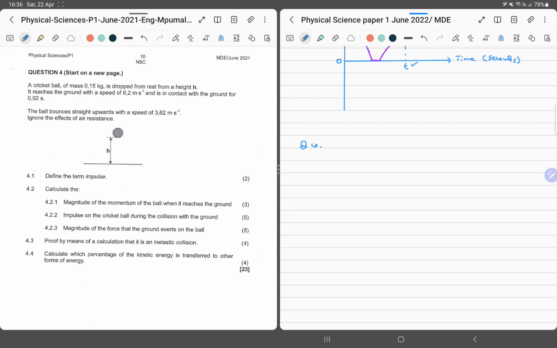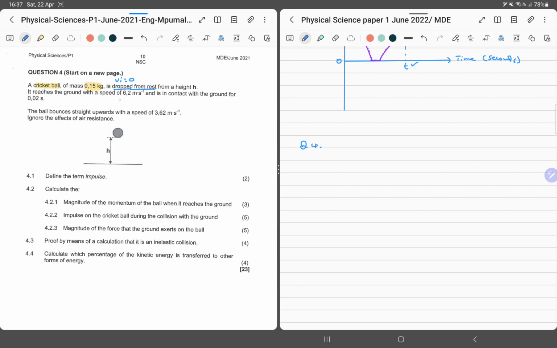Okay, let's try and move quickly. Now I told you, a cricket ball of mass 0.15 kilograms is dropped. So when you drop it, what do we know? Initial velocity 0, from rest. Of course, they're giving too much now. From a height h, okay?